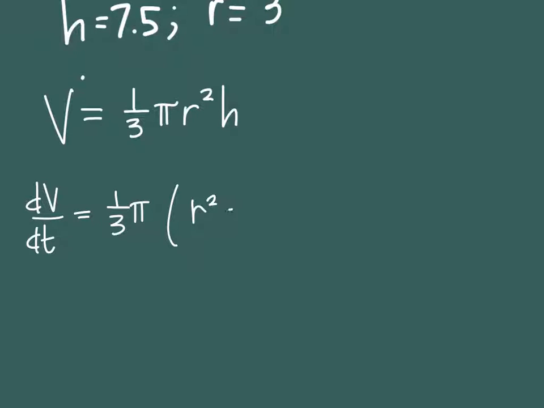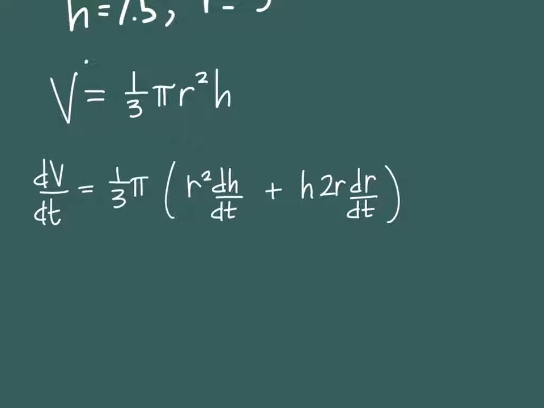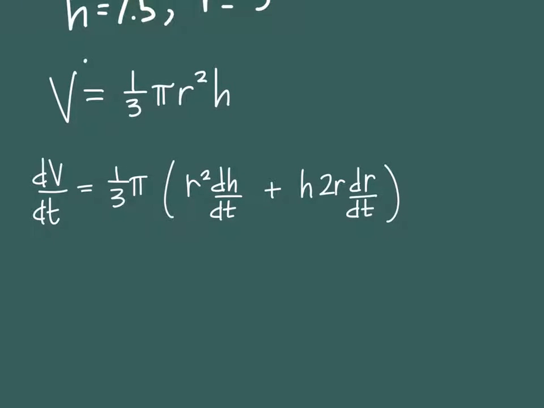I'll keep r squared and have dh/dt, plus I'll have h times 2r and dr/dt. So every variable that's changing is affected by time. The volume is affected, the height is affected, the radius is affected.